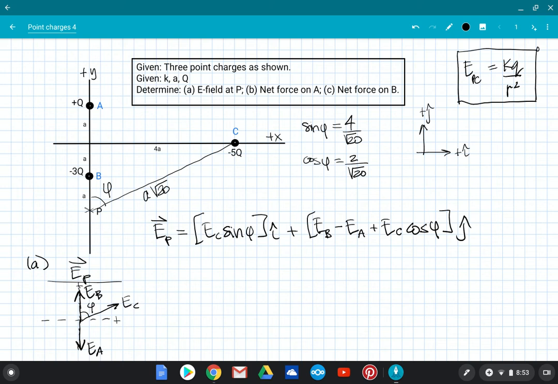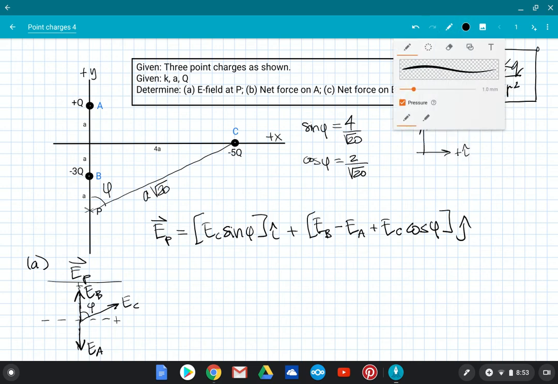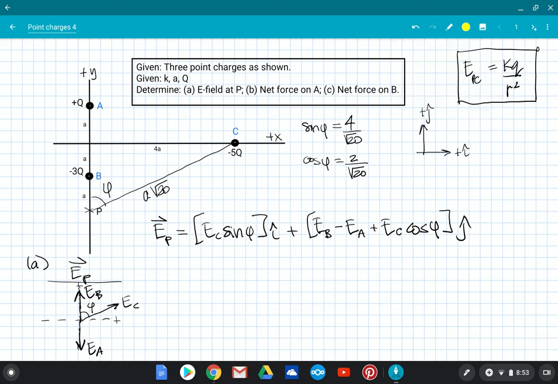Okay, and then we can pop in our magnitudes and our sine and cosine. Let's slow down and just write each magnitude out, since maybe this is a little bit new to us. And we are using this equation right here. Yay, electric field due to a point charge.